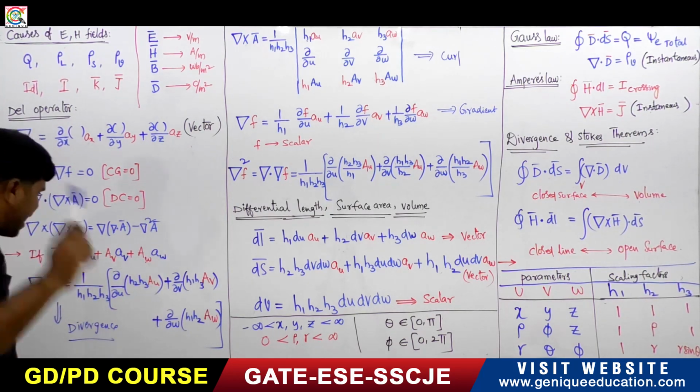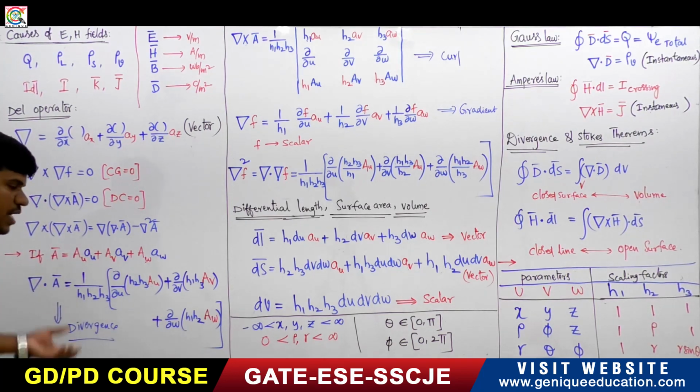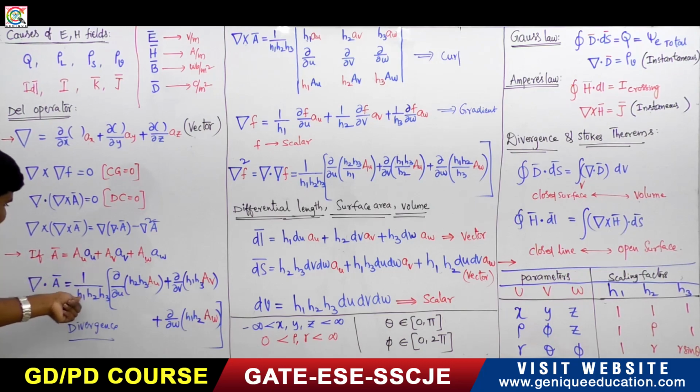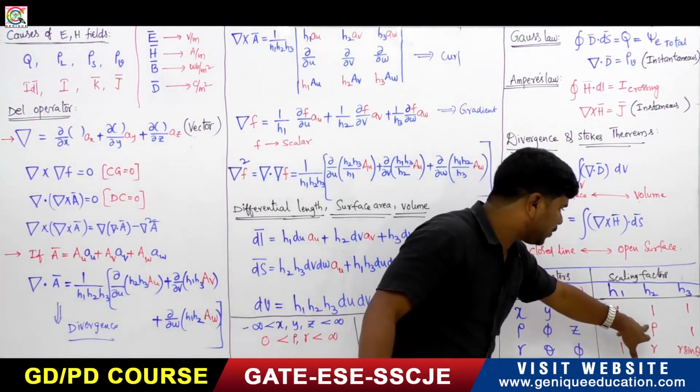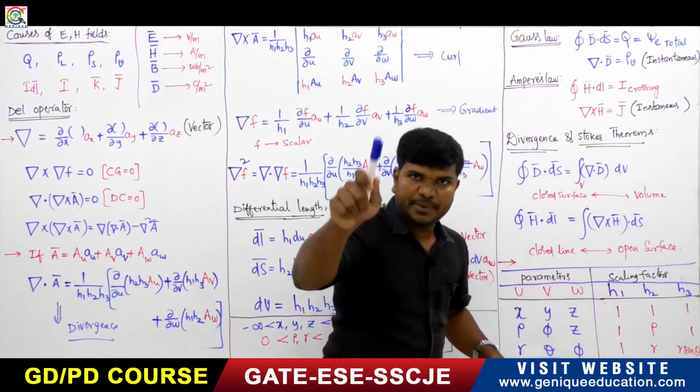If you want to write the divergence operation in cylindrical coordinates, what do I have to write? 1 divided by H1 H2 H3. H1 H2 H3 means 1 into rho into 1, which is rho.